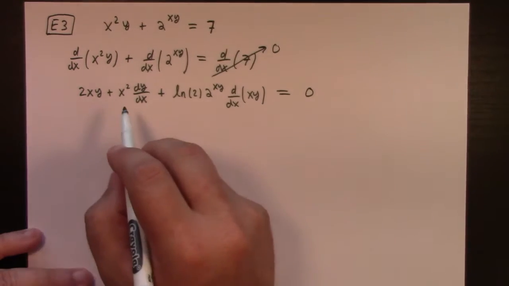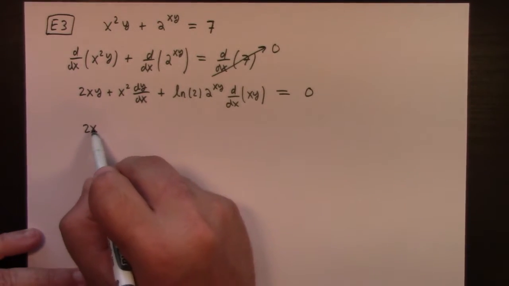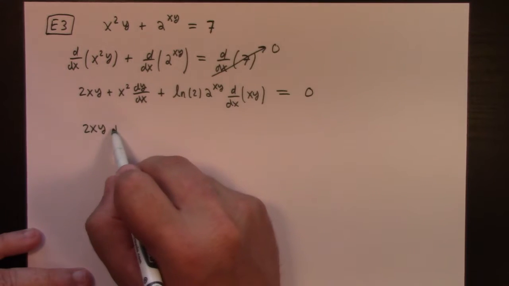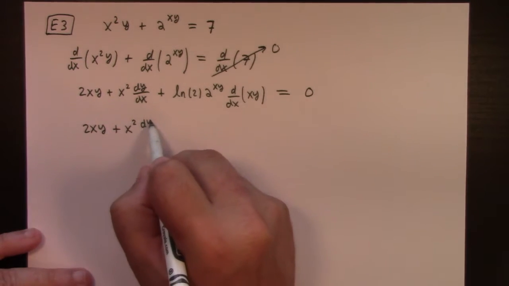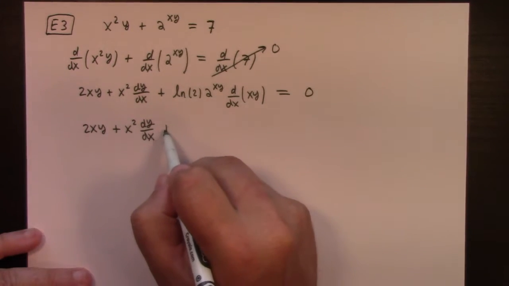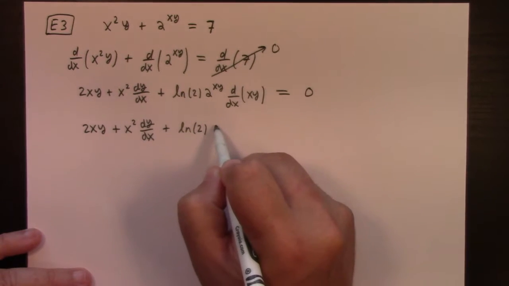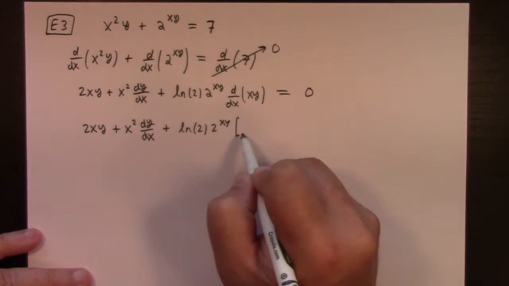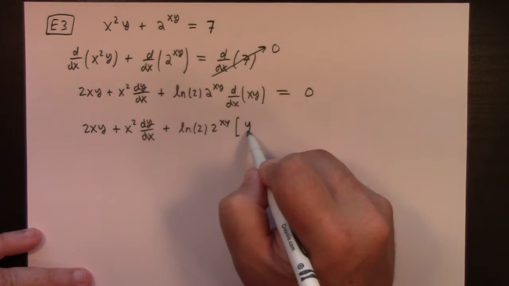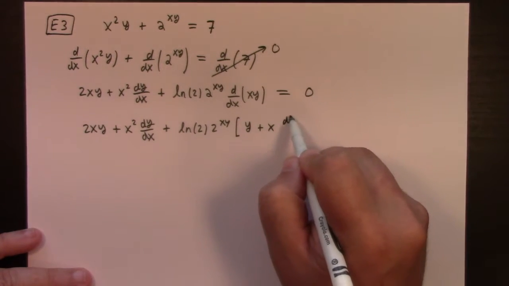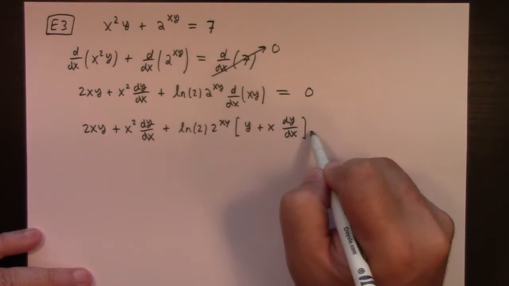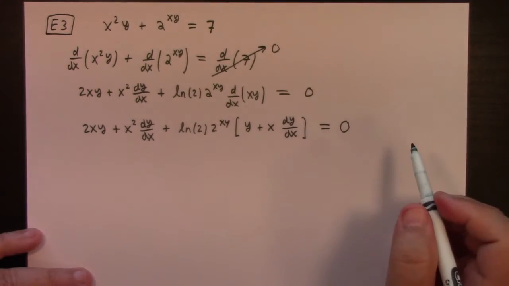Of course, this is a product rule again. Product rules galore in this thing, right? 2xy plus x squared dy/dx plus the natural log of 2 times 2 to the xy times, what is this? Well, that's y plus x dy/dx, equal to 0.